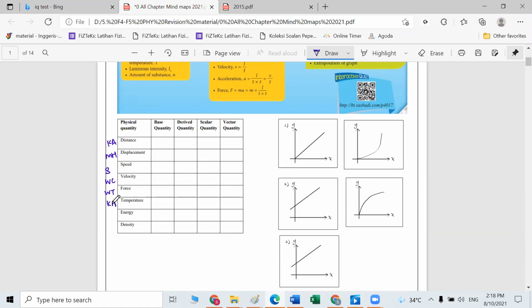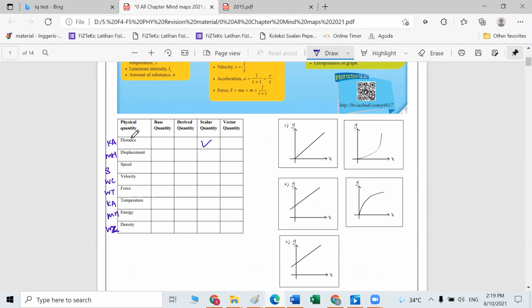Kai An again, Minh Hong again, Wan Cheng again. Oh, Wen Zhen. Kai An, you are correct.